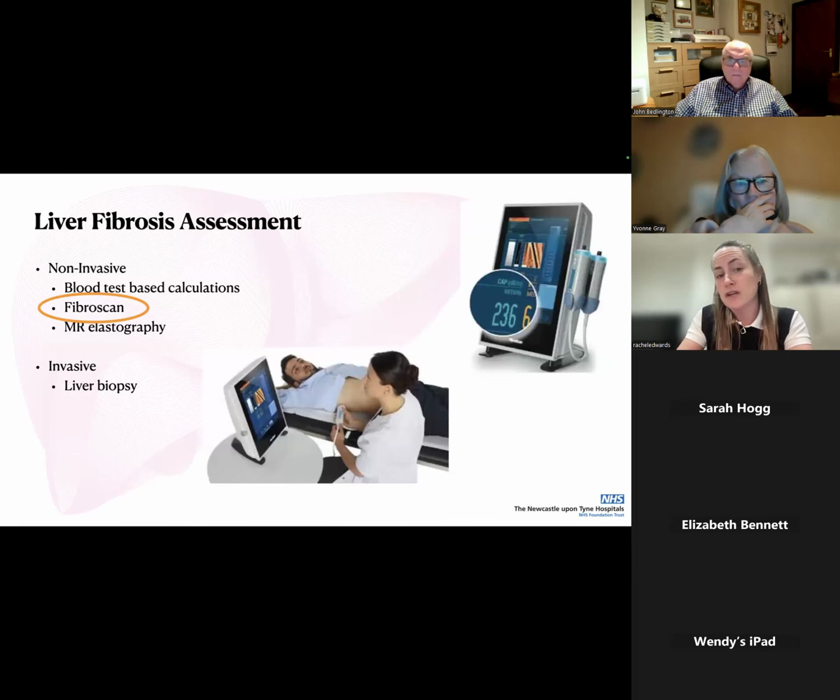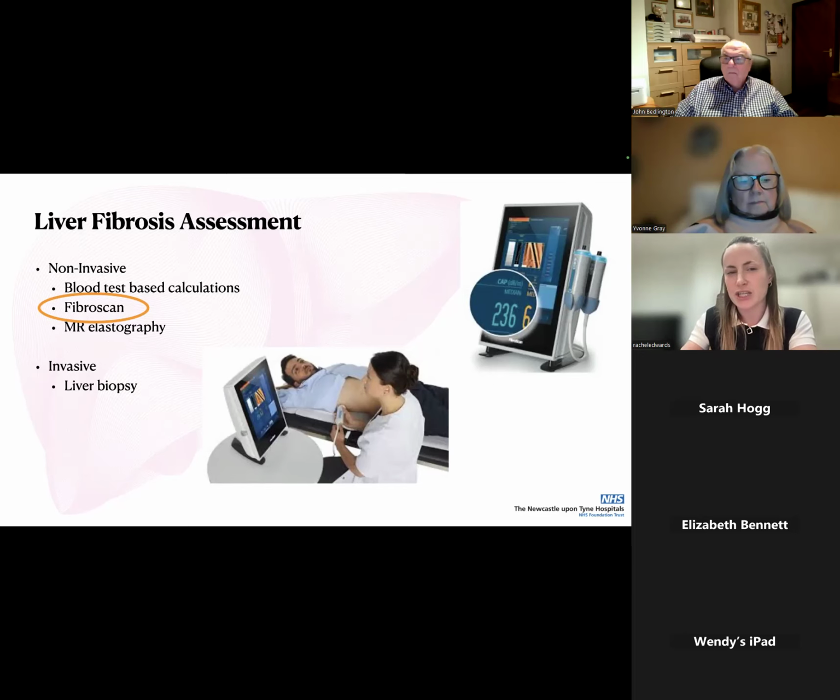With regards to Fibroscan, because that's relevant to this project, this is a non-invasive test which delivers high frequency sound waves through the liver, which generate a liver stiffness measurement in a unit of kilopascals. The higher the liver stiffness, the higher the severity of the underlying liver fibrosis.